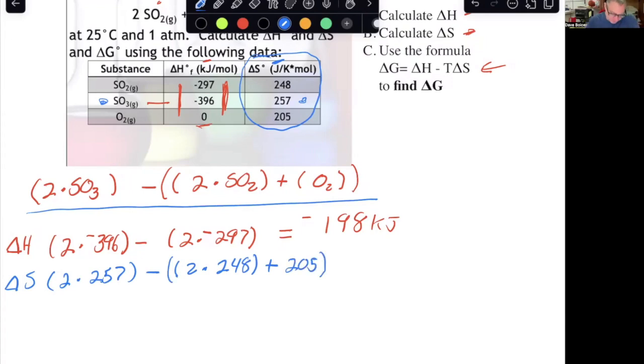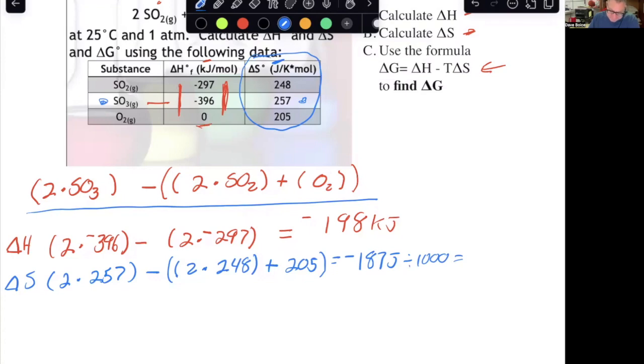I'm going to go ahead and put the parentheses around the entire thing because I want to make sure the calculator sees that I want the whole sum of the final minus the initial. So let's go ahead and put that into the calculator, and that is going to equal negative 187 joules. Now I need this in kilojoules, so I'm going to divide this by 1,000.